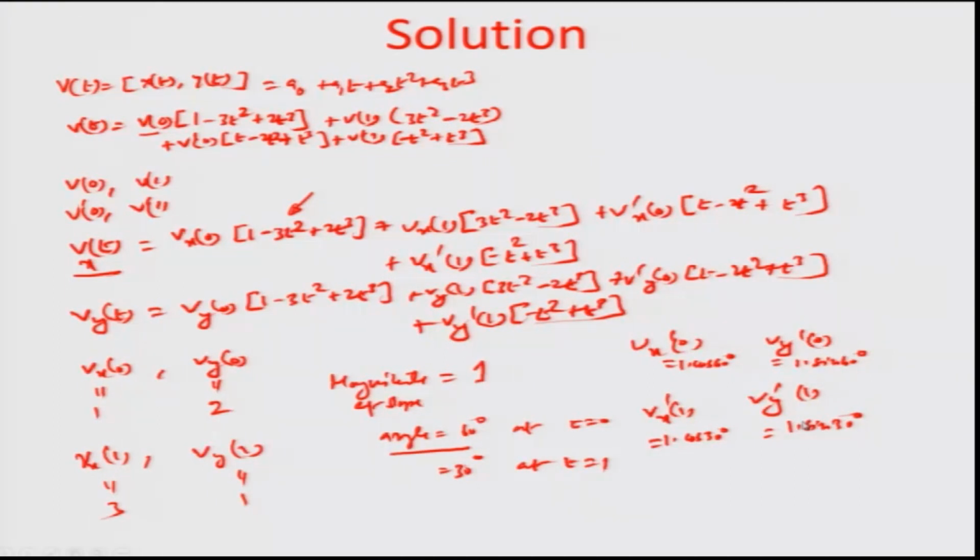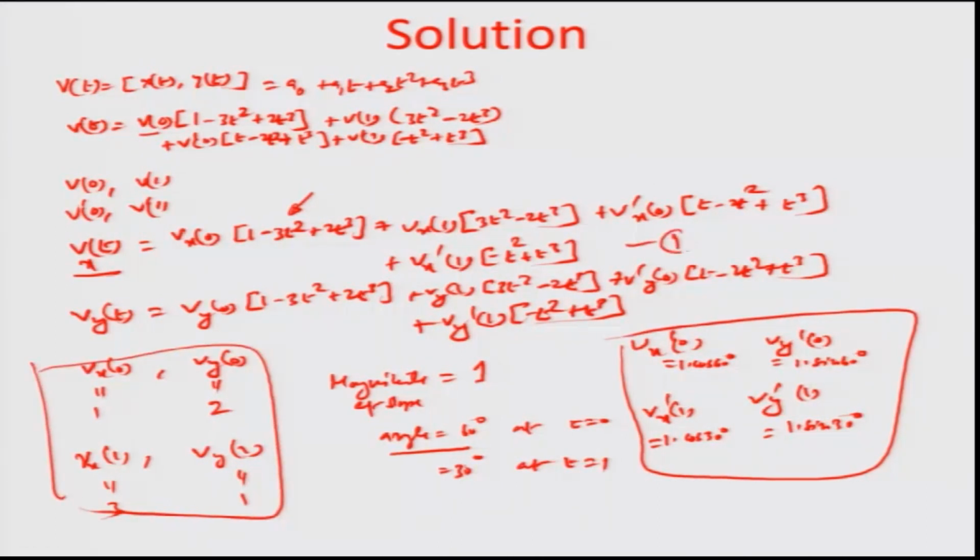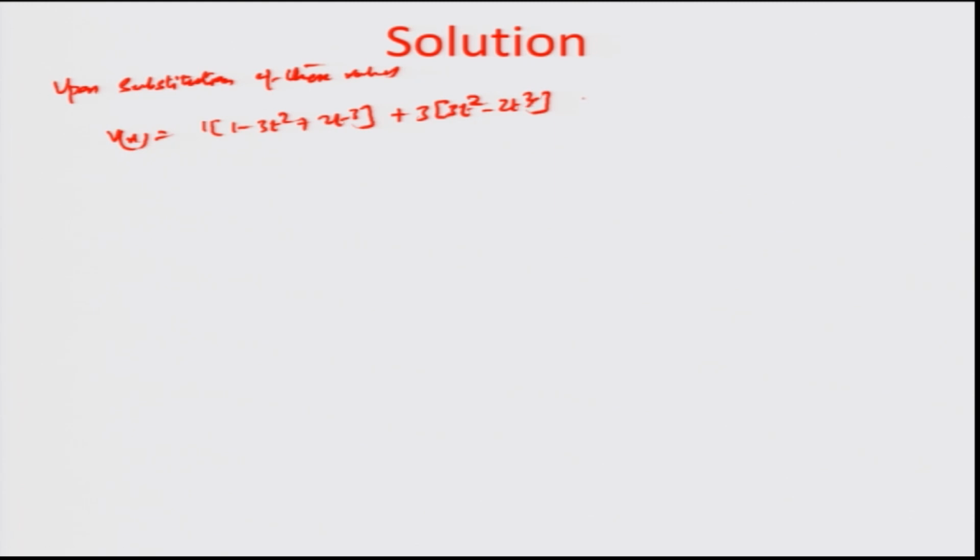So, having said all these values, if I put it back into the equations 1 and 2 which I formulated right here, the formulation that would eventually happen upon substitution of these values will be the coordinate vx in terms of t, which is 1 times (1 minus 3t square plus 2t cube) plus 3 times (3t square minus 2t cube) plus cos 60 times (t minus 2t square plus t cube) plus cos of 30 times (minus t square plus t cube).